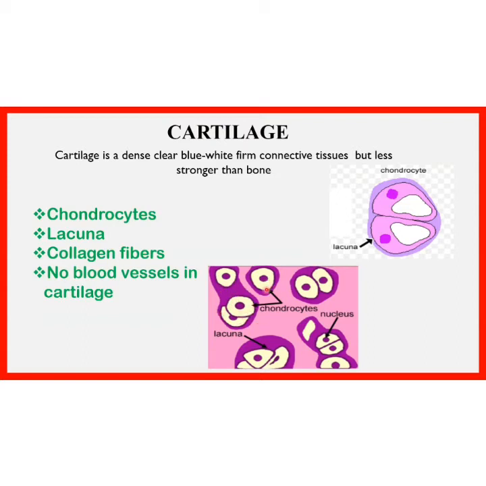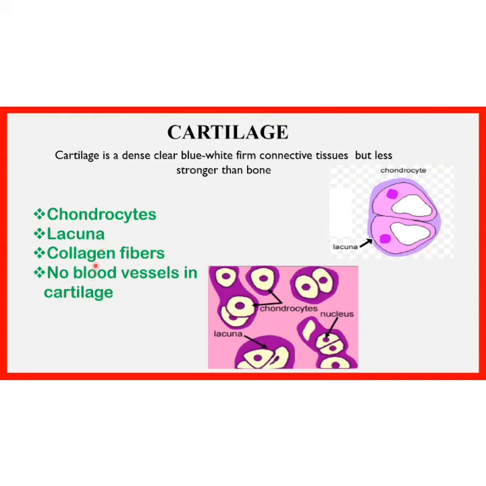This is a chondrocyte, this is also a chondrocyte, and these lacunae are present in the matrix. This is a matrix. Each chondrocyte lies in a fluid space called lacuna, which is present in the matrix of cartilage.